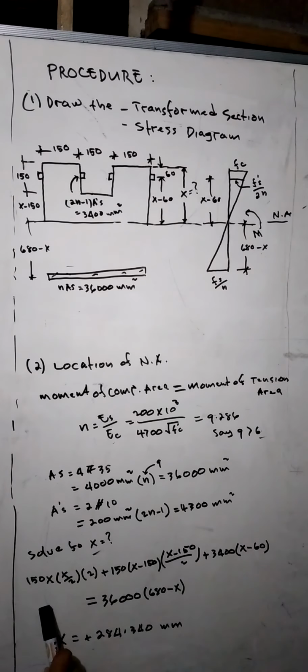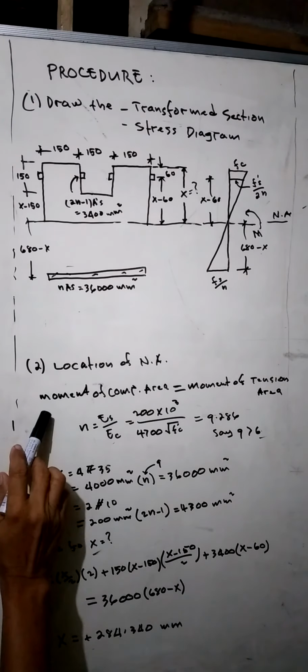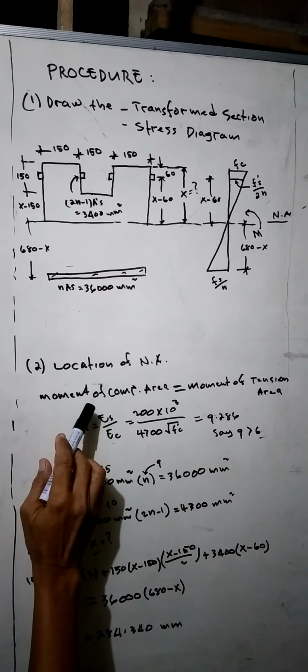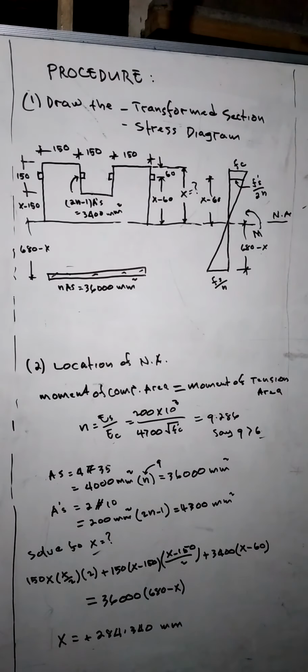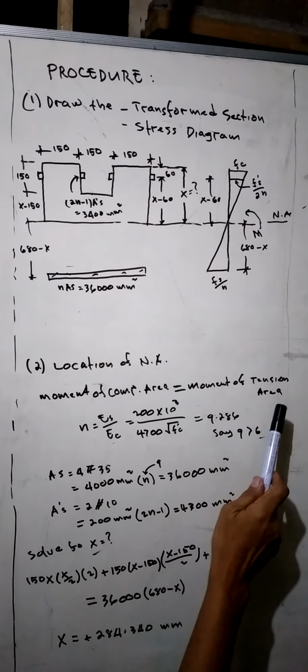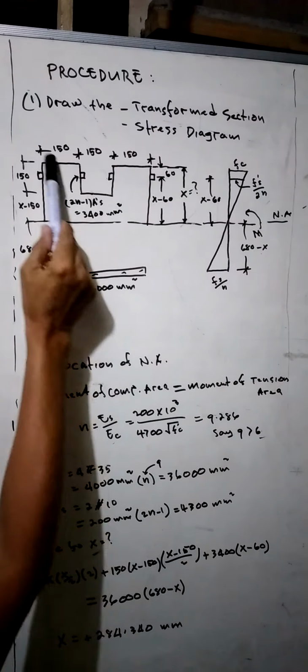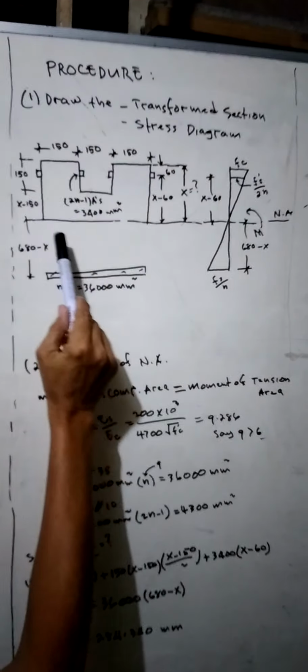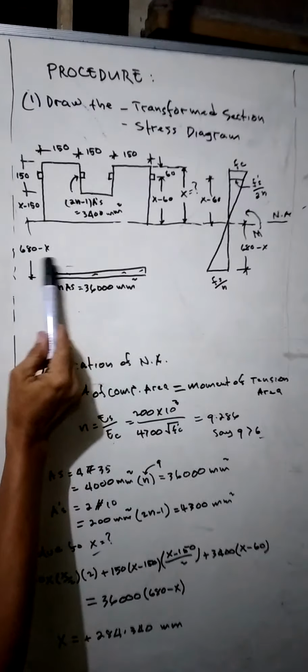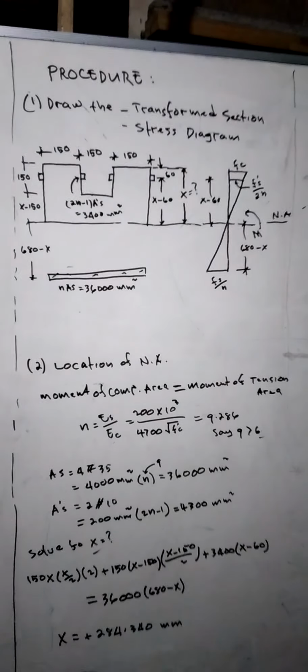This is the equation. So, to solve the x, moment of compression area is equal to the moment of tension area. This is the tension area, compression area, and this is the tension area.